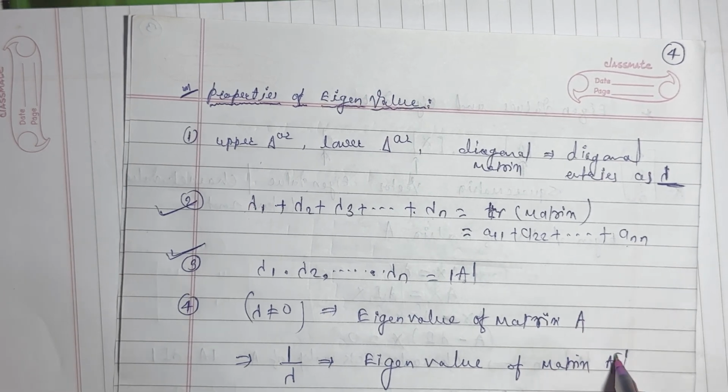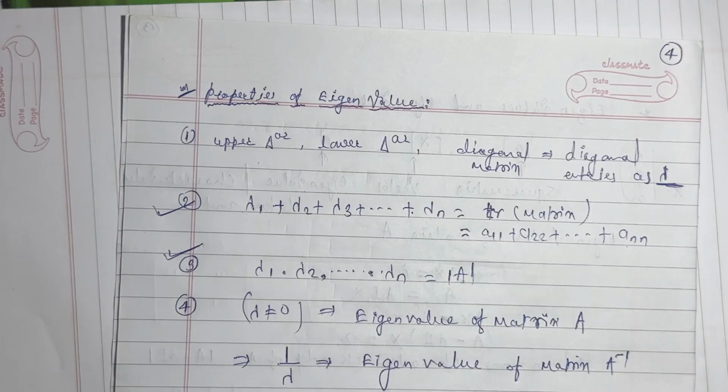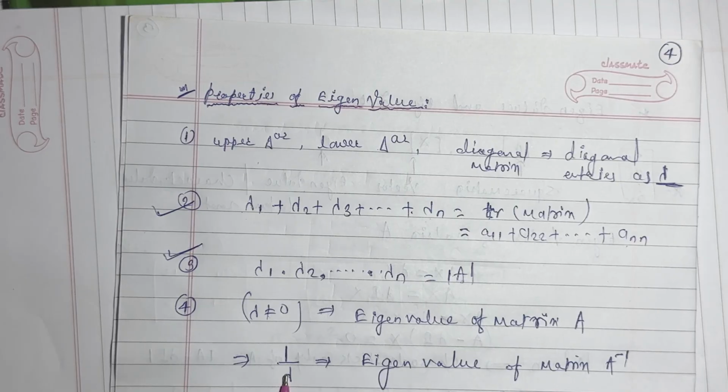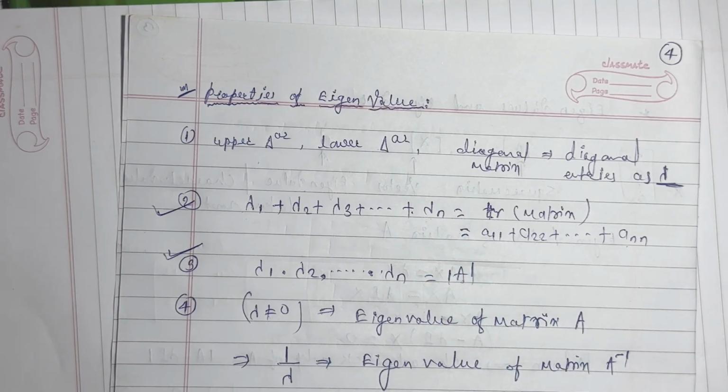That means you can easily define the eigenvalue for the inverse matrix, but the only condition is that lambda needs to be non-zero. Then only we can define it. You can also define it for an orthogonal matrix: if lambda is an eigenvalue of an orthogonal matrix, then 1 upon lambda is also an eigenvalue of it.